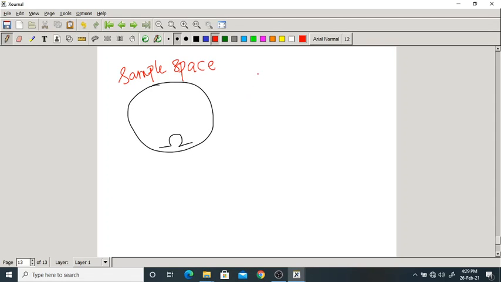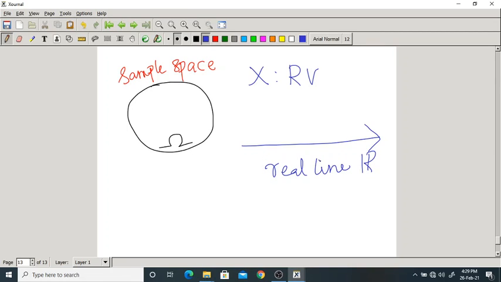Here, using random variable, x is a random variable. What we do is, we assign real numbers to the elements of a sample space.